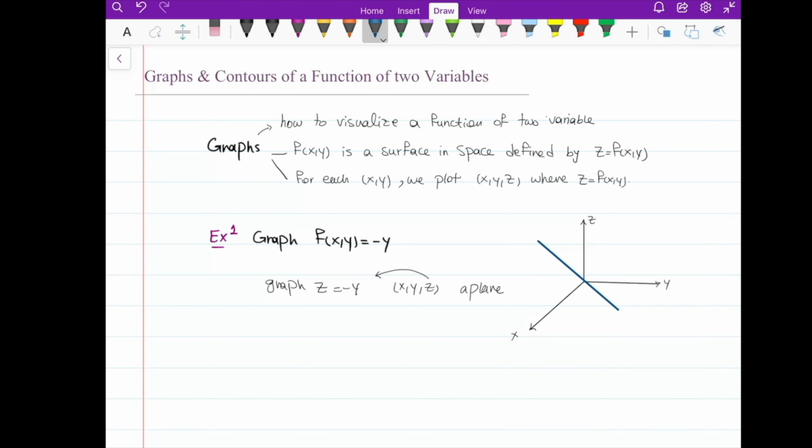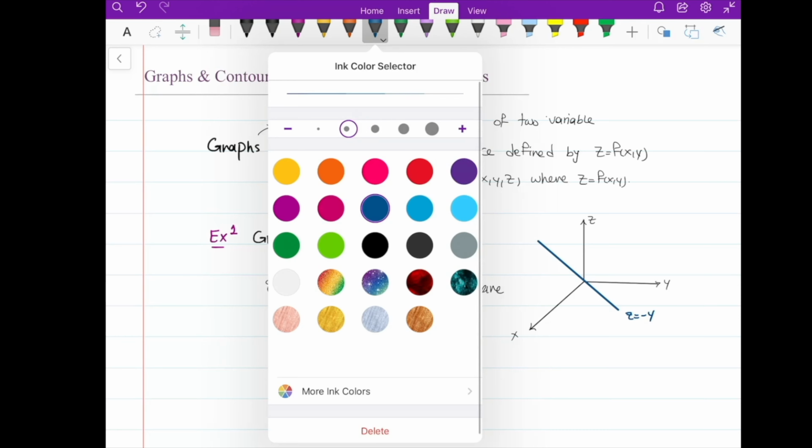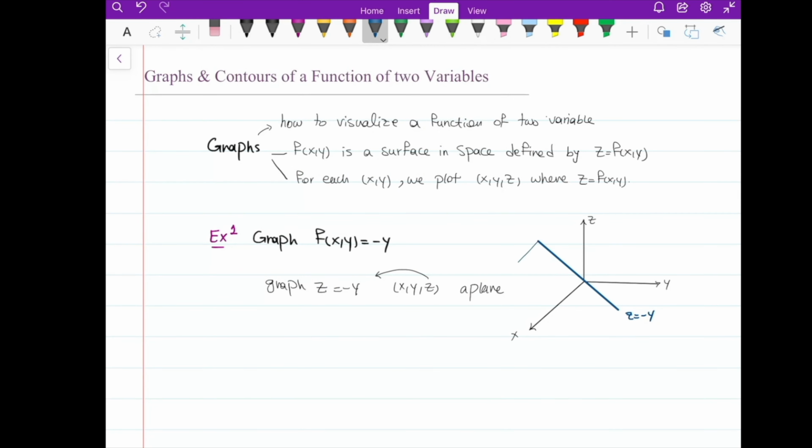This is z equals negative y, and now x is free and I'm in R3. That's why I get a plane, because it moves along the x axis. So I get a plane like this.